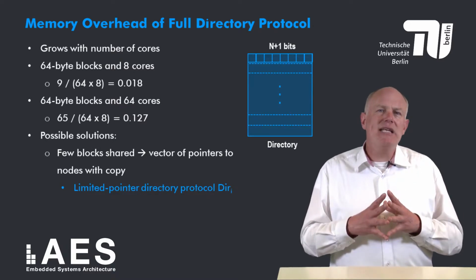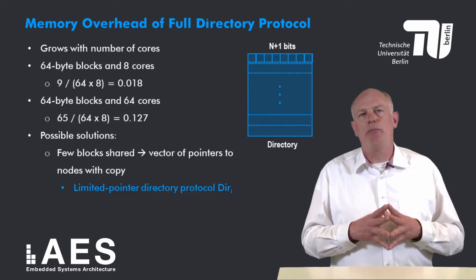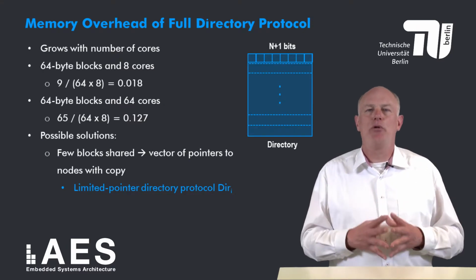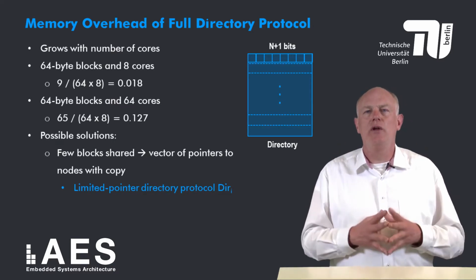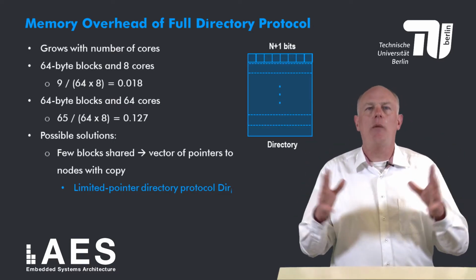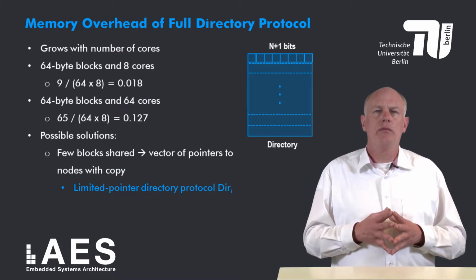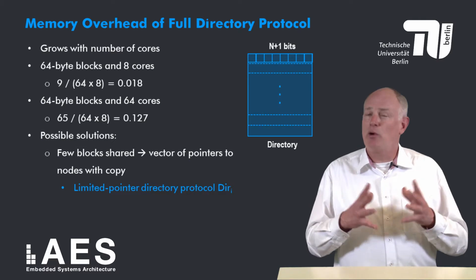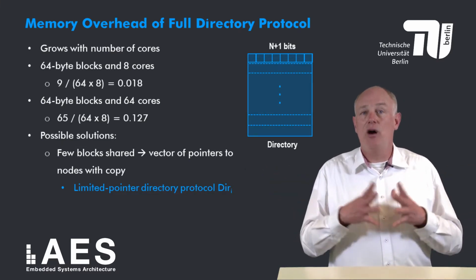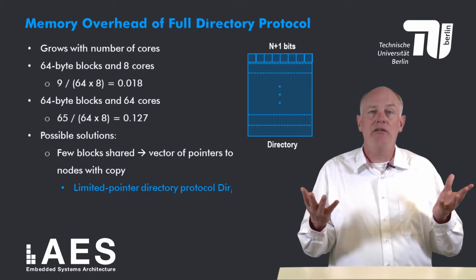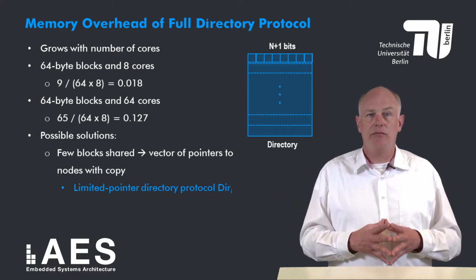The solution based on this observation is called the Limited Pointer Directory Protocol, or Dir-i protocol. It maintains a vector of pointers to nodes that have a copy of the block rather than a single bit for every node. The biggest problem of this protocol is, what do we do when we run out of pointers? In other words, when there are more sharers than the maximum number of sharers indicated by the vector length.